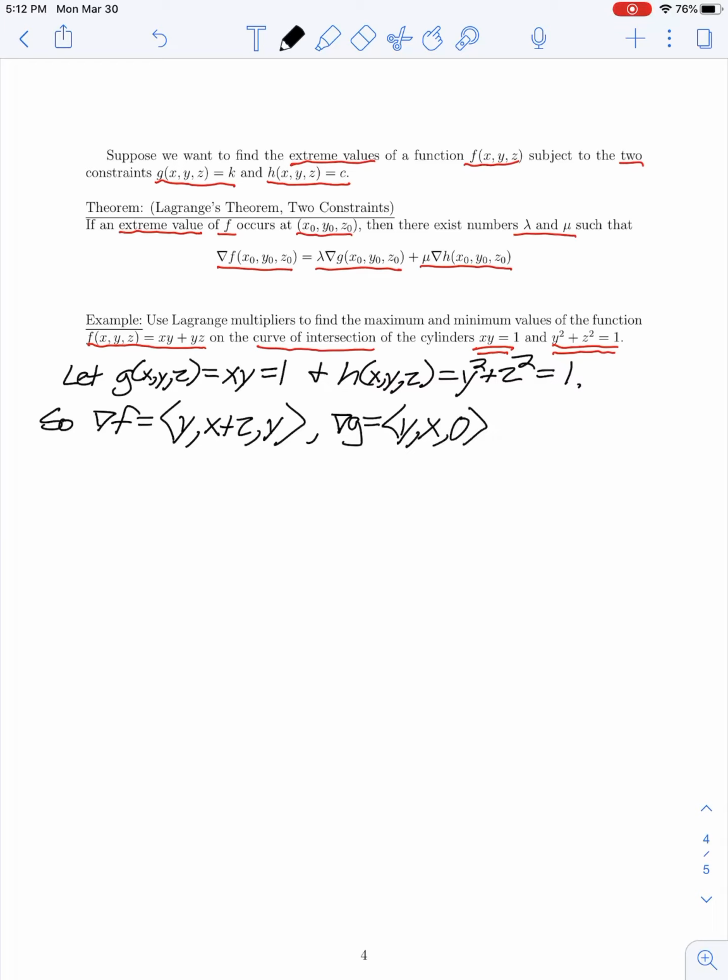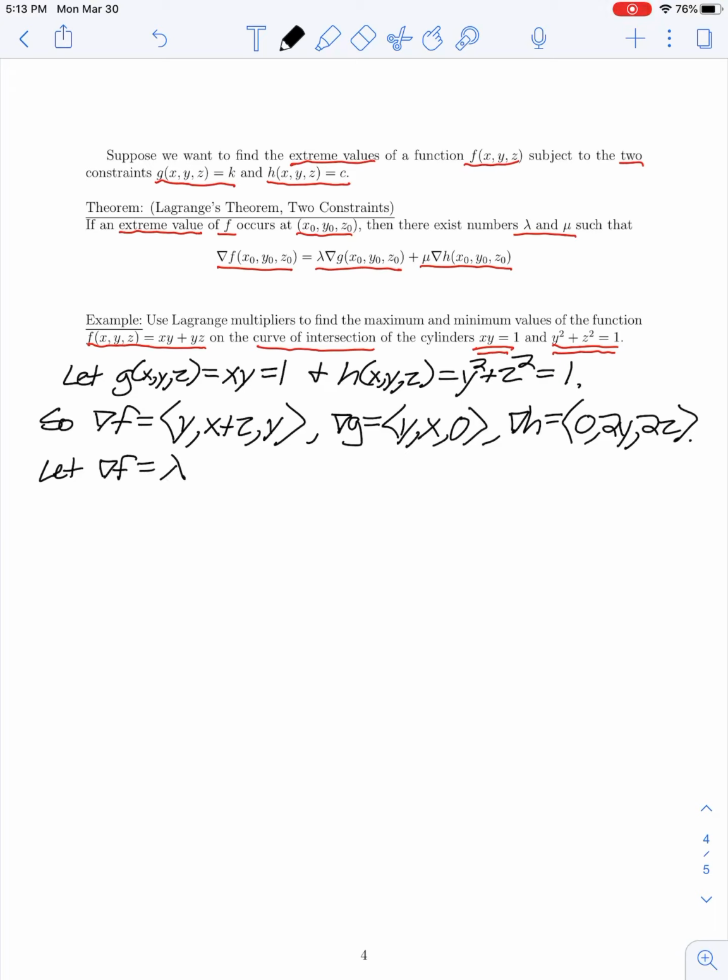The gradient of g would have a first component of y, a second component of x, and it doesn't depend on z, so our third component would be 0. And the gradient of h would have a first component of 0, a second component 2y, and a third component 2z.